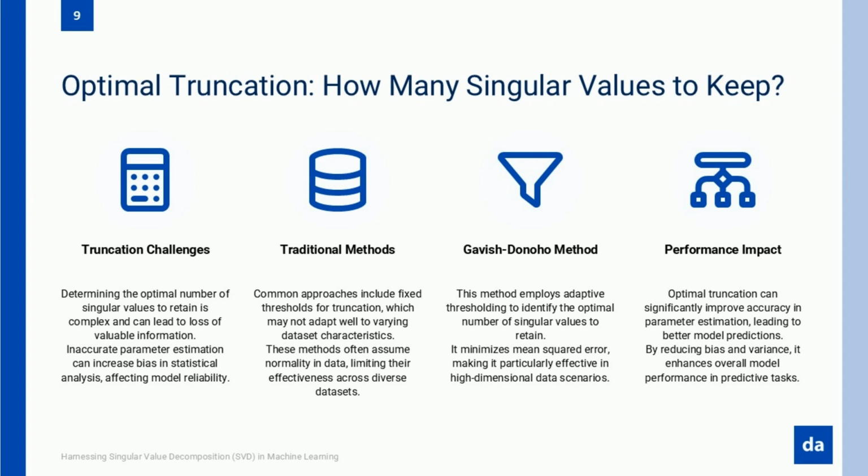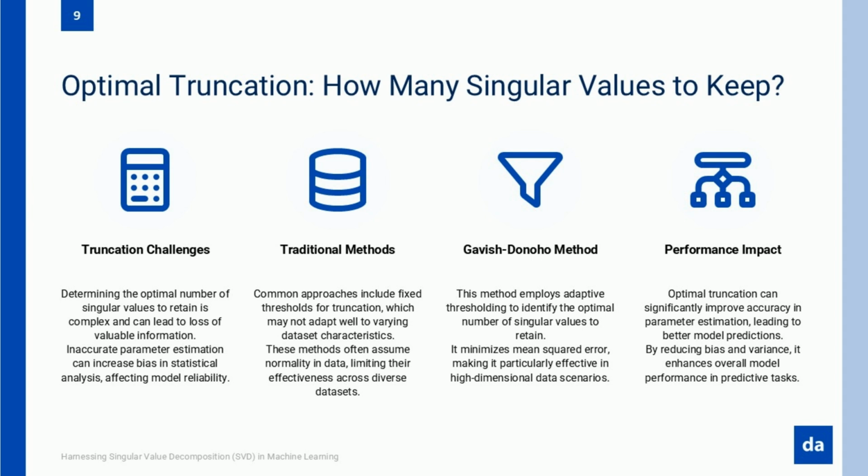The method works by determining which singular values exceed what would be expected from pure noise. By analyzing the distribution of singular values, Gavish-Donohoe identifies the first singular value that rises significantly above the noise threshold, effectively drawing a statistically valid line between signal and random fluctuations.